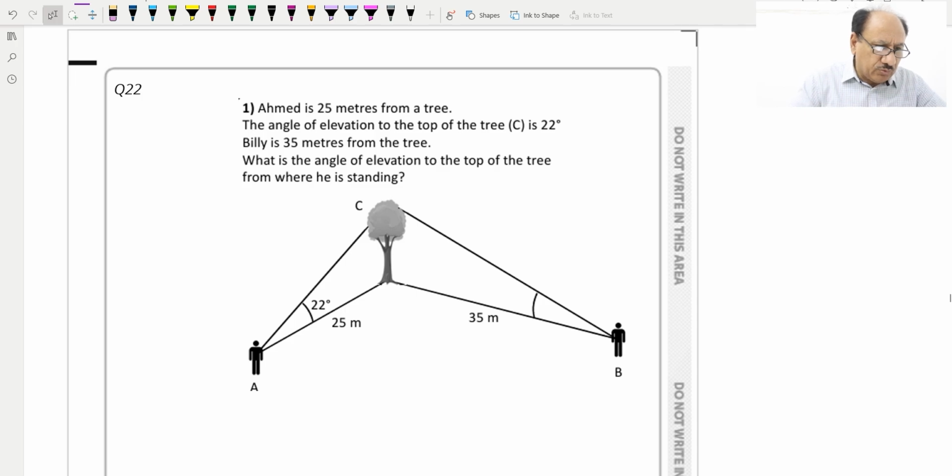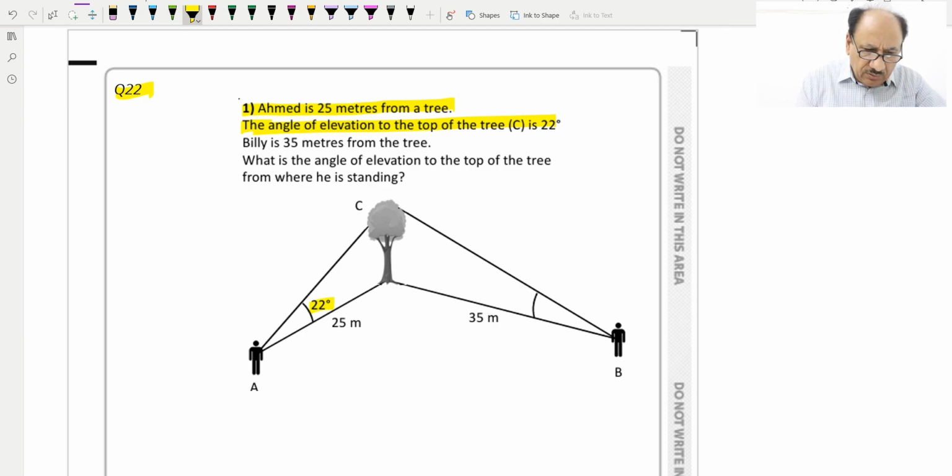Now we can move to question number 22, and question 22 says Ahmed is 25 meters from a tree. The angle of elevation of the top of the tree C is 22 degrees.